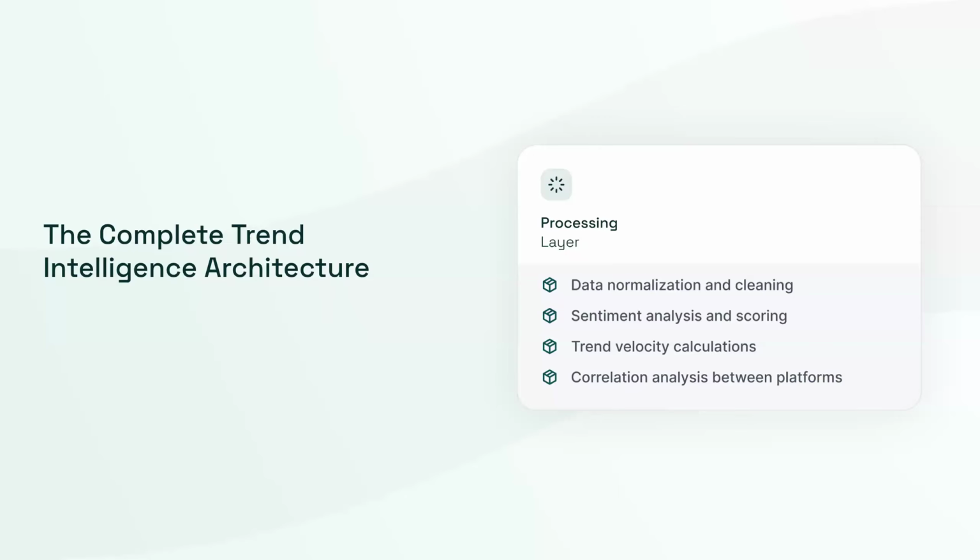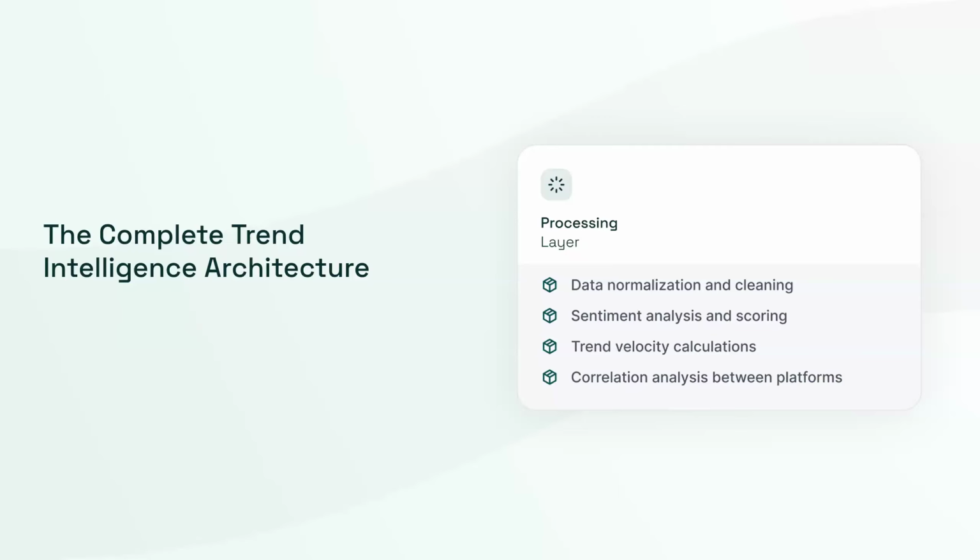Once that's in place, we move to sentiment analysis, as mentioned a few times, and scoring. This helps you understand not just what people are talking about, but how they feel about it. A product with high mention volume but negative sentiment tells a very different story than one with positive feedback. Next, we can calculate trend velocity to measure how quickly interest is growing.